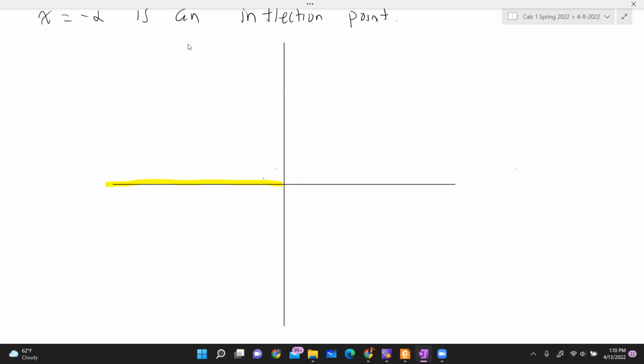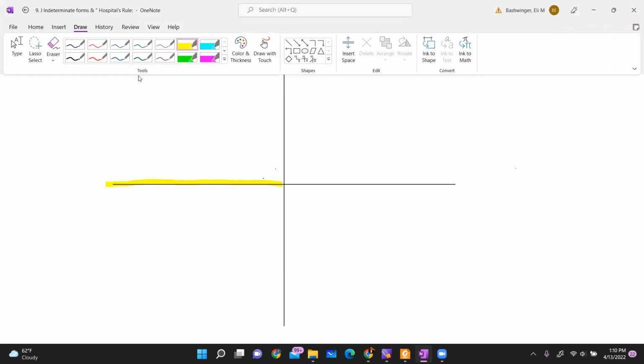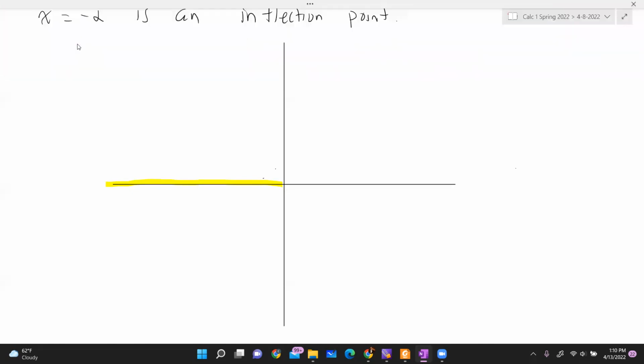So the x-axis is an asymptote as x goes out to infinity. And then we know we have, so first of all, let's write down our intercepts. So we have an intercept here. It goes through the origin.